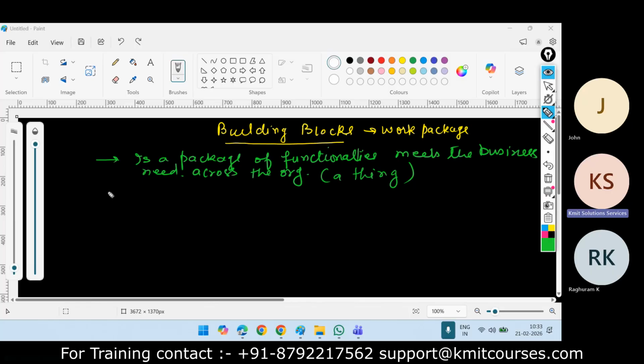What other definition can you say about this package? It is normally a type of component which corresponds to an enterprise meta model.